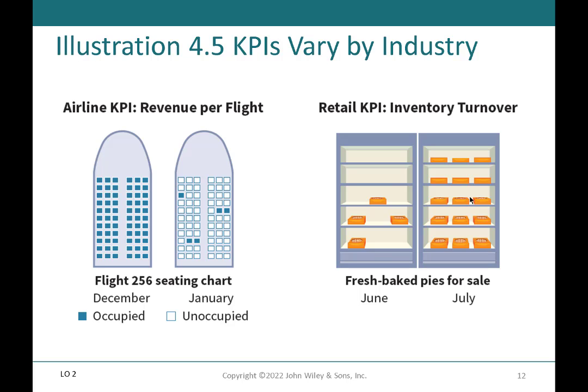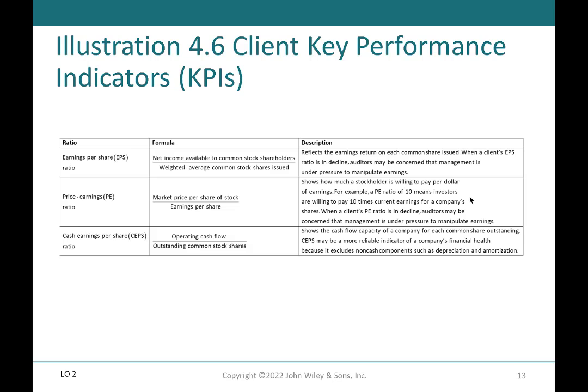Now, these are both different types of analytical procedures. We see here other ratios, again, which would be considered analytical procedures: earnings per share, the EPS calculation, our PE ratios. So these are all things that you've probably seen in the past in other courses, just key measures, key calculations that the businesses want to make based on their financial statement numbers to give them a clue how well they're doing.